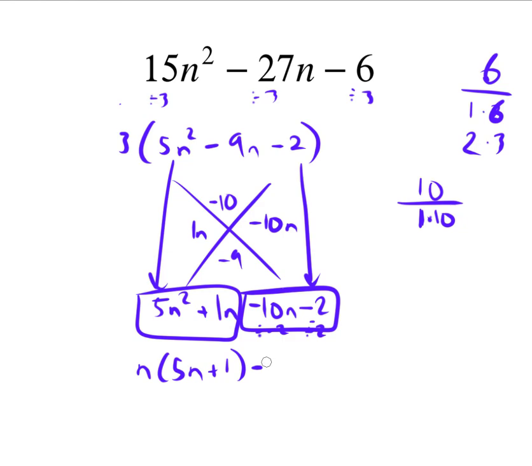So I'm going to pull out a -2 times 5n plus 1. And the nice thing is, because these 5n plus 1s are the same, I now have n minus 2 times 5n plus 1. And I hope that made sense to you.